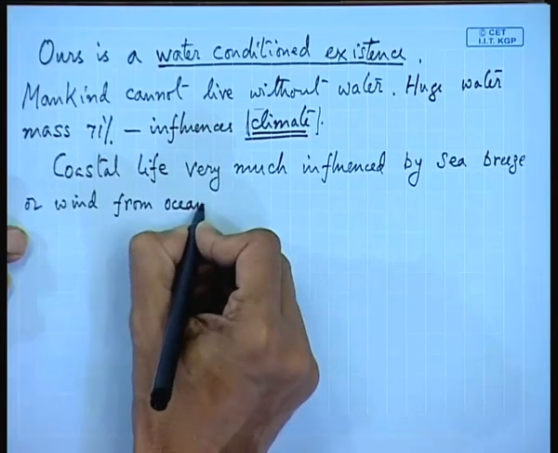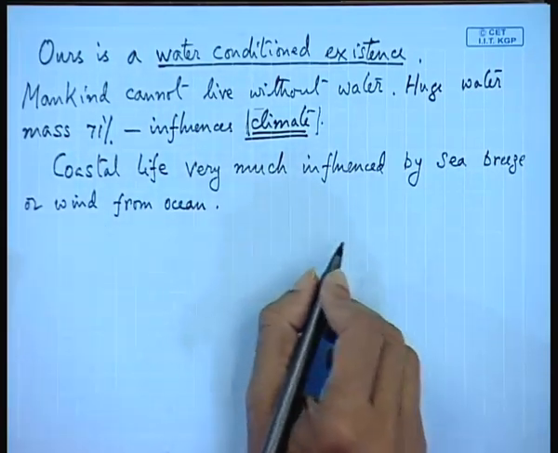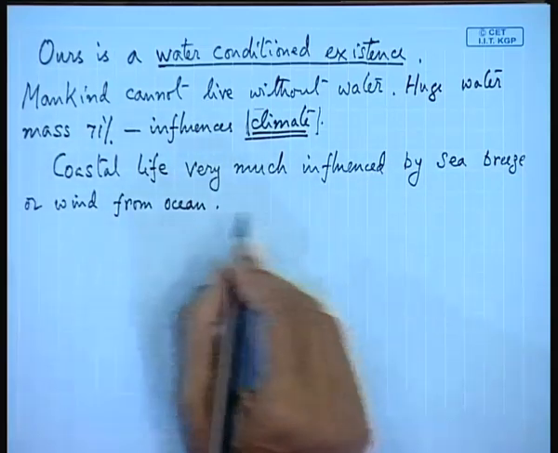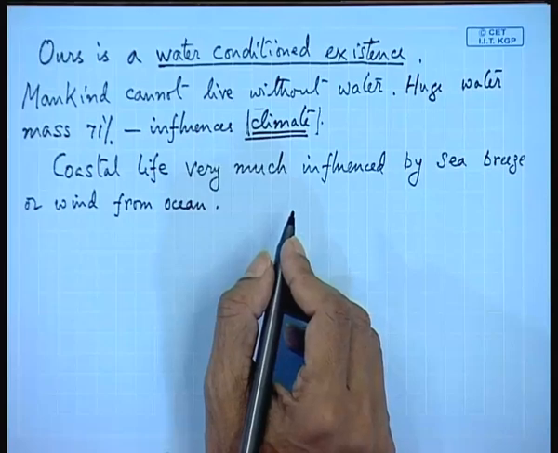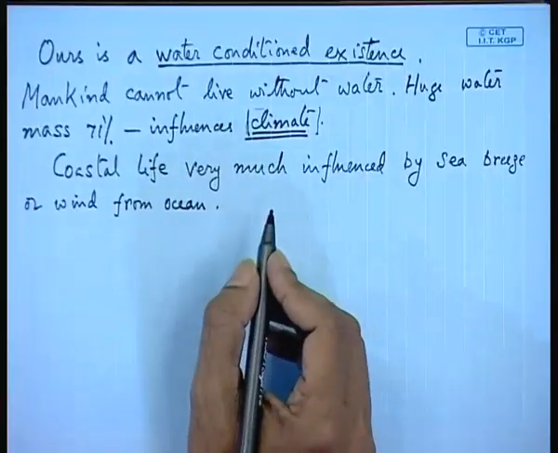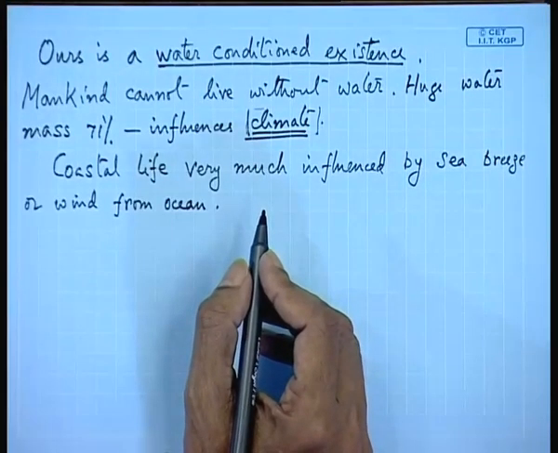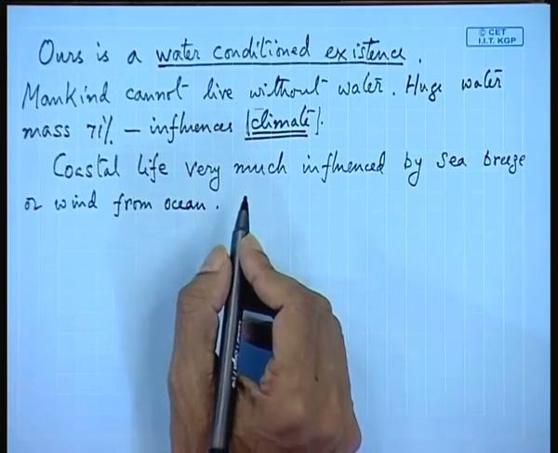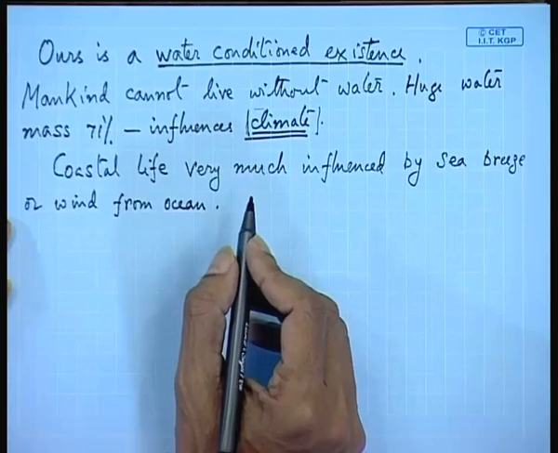So, the coastal climate is very much distinct from the climate which is more landward, or continental climate. This is the direct influence of the ocean on the climate. So, climate is influenced by the oceans.